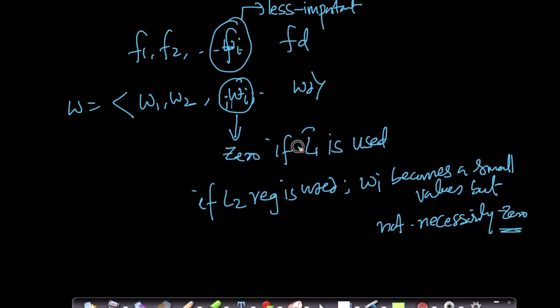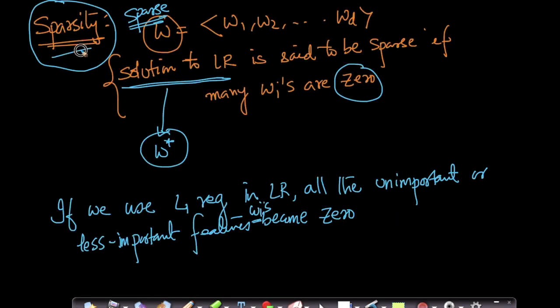So L1 regularization is often used in logistic regression when we want sparsity. If we want the weights of all the unimportant features to become 0, we tend to employ L1 regularization instead of L2 regularization.